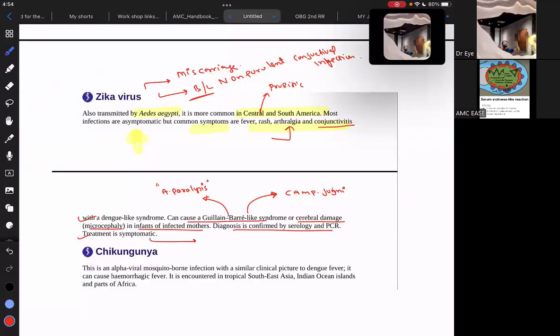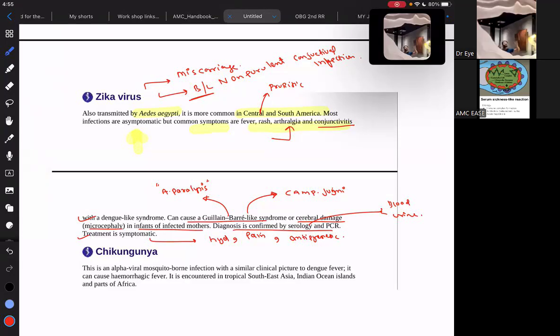For the treatment, we have to increase hydration, go for pain control, and give antipyretic medications. For the serology, you have to go for blood and urine serology as an initial step, then you can think about RT-PCR for confirmation.